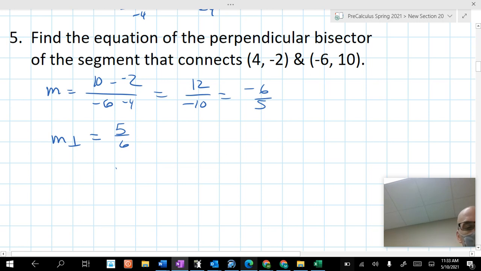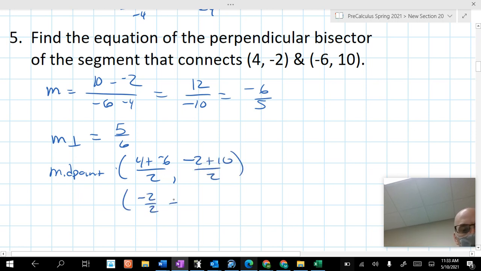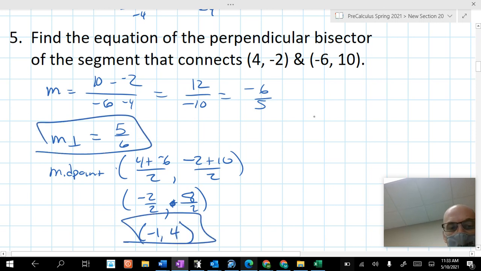Then you have to find the midpoint of the original line because it's a perpendicular bisector, it goes through the midpoint. So it's (4 plus -6) over 2 and (-2 plus 10) over 2, which is -2 over 2, comma, 8 over 2, which is (-1, 4). Here's my point. Here's my slope. Put in point-slope form.